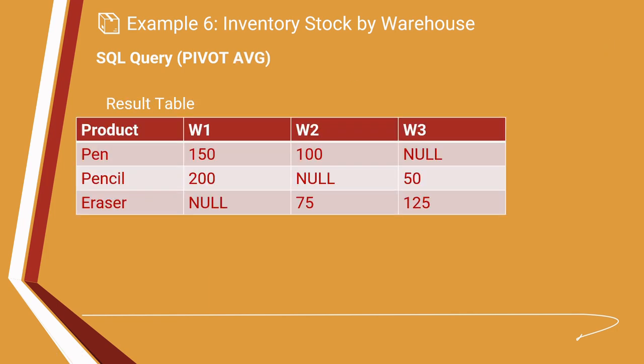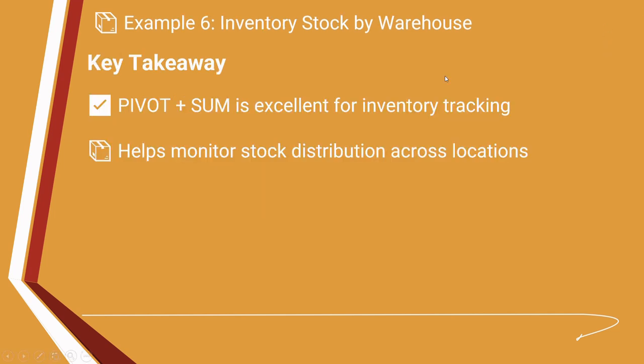The result is a clear view of where each item is stored. For example, pens are in W1 and W2 while erasers are in W2 and W3. This is a powerful way to visualize the stock across storage locations, perfect for dashboards and supply chain reports.